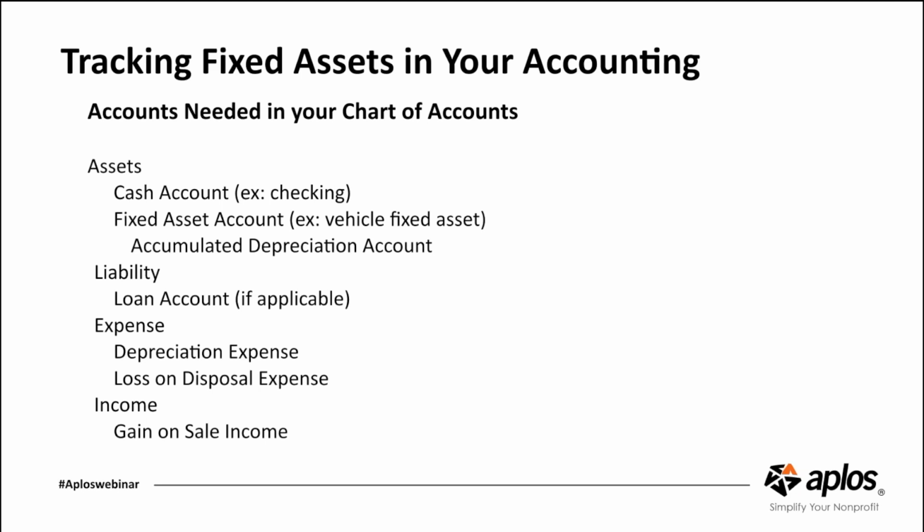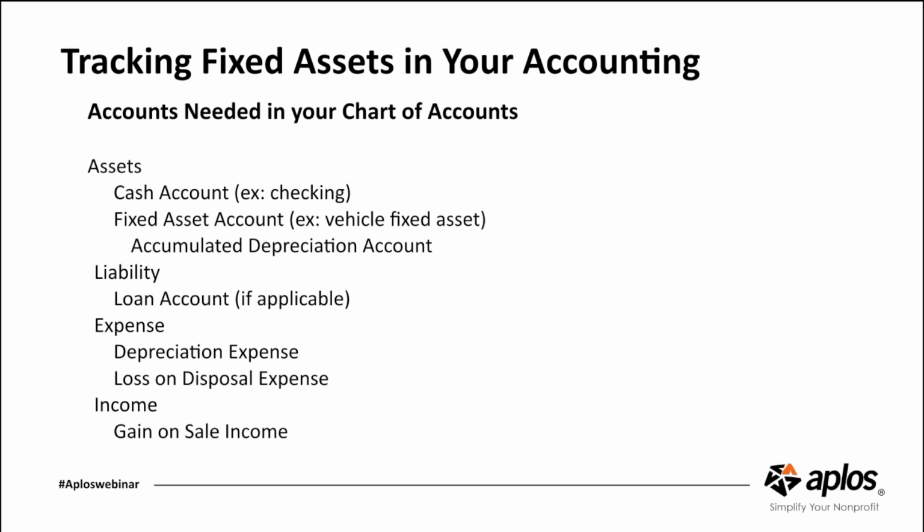So there's the liability. For the expense side of things, you'll need a depreciation expense account, and you'll also need a loss on disposal expense account. Loss on disposal applies if the item was sold for less than its book value.